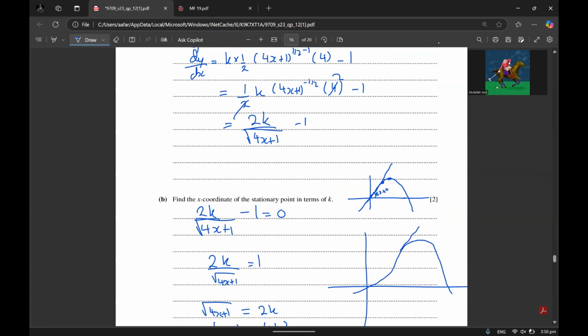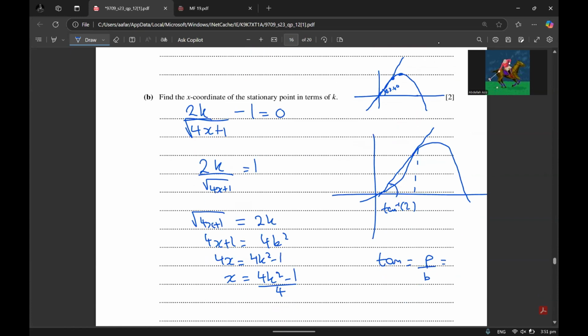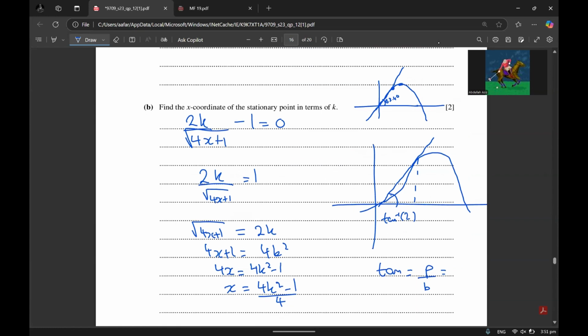So the tangent at this point angle will be tan inverse 2. That means that this angle, so basically tan is perpendicular over base, right? Which is also equal to change in y over change in x, since this is the perpendicular and this is the base.